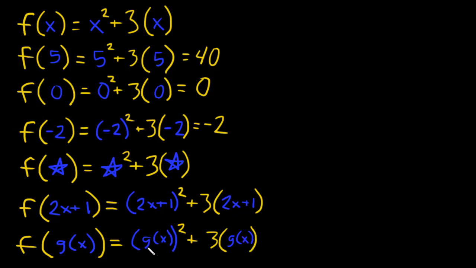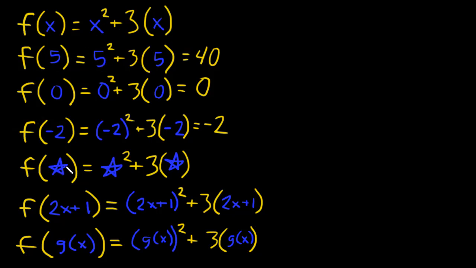Alrighty. So take a nice hard look at this, and hopefully it's making sense how you fill these in. You take your original definition, which is defined as f of x, and wherever there's an x in the expression on the right, I need to substitute whatever I substitute in for the x on the left. So if I put a 5 in for this x, I have to put a 5 in for all of these x's over here.